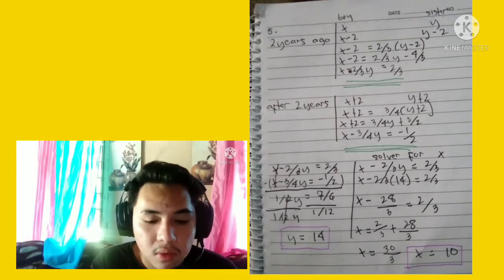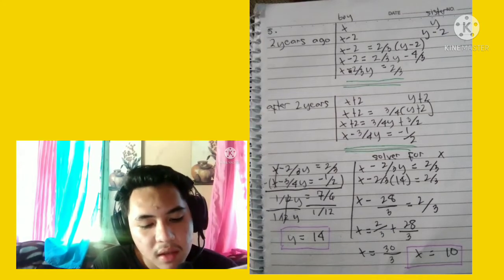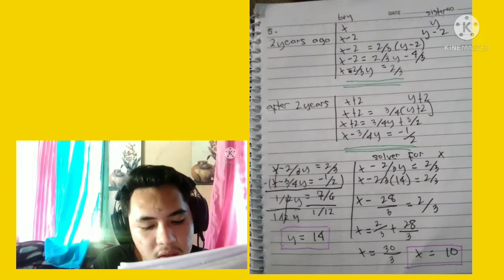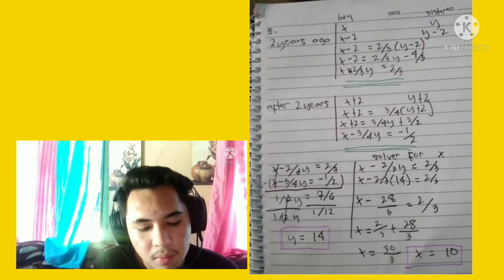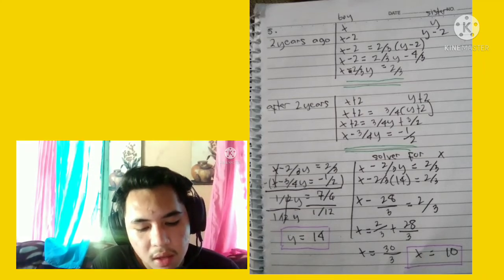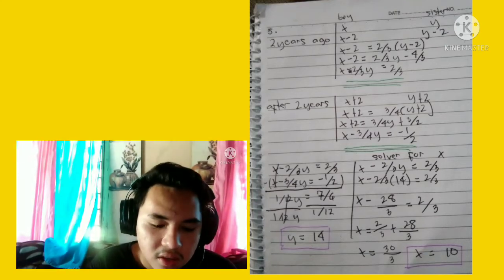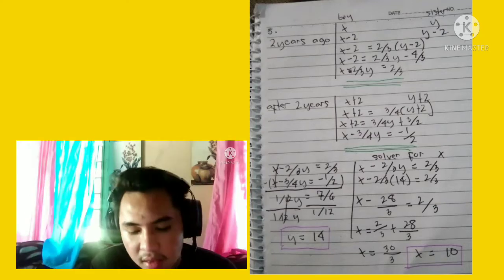So now we have x minus 28/3 equals 2/3. Then let's move negative 28/3 to the other side, so it is going to become positive. So now we have x equals 30/3, or x is equal to 10. So our answer is 14 and 10.